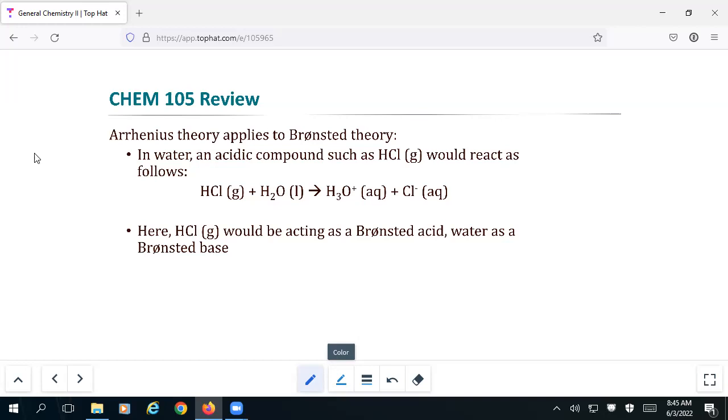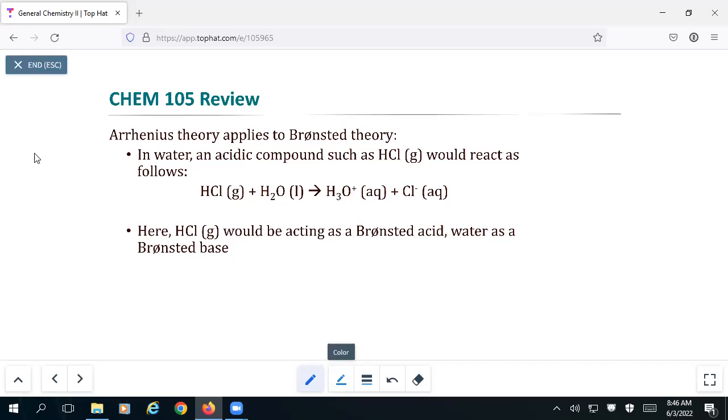What the Bronsted theory also allowed us to do is identify that acid and base reactions were coupled. They were paired with each other. When an acid reacted as an acid, the other thing that it reacted with acted as a base.